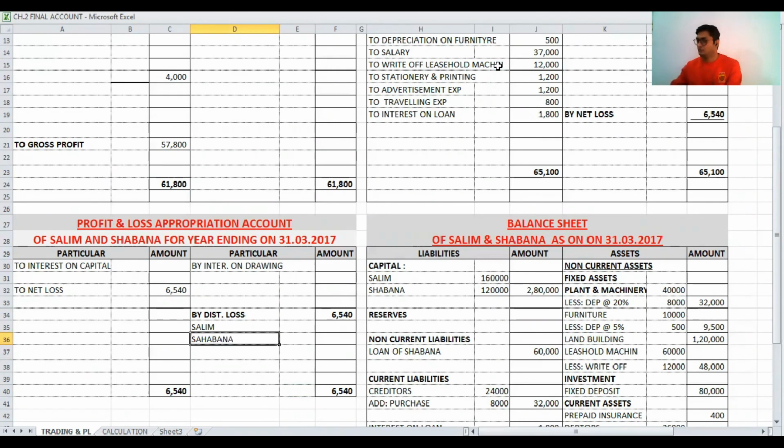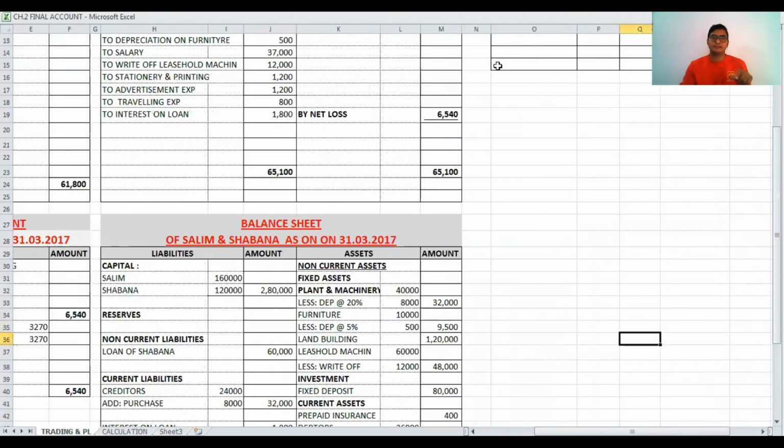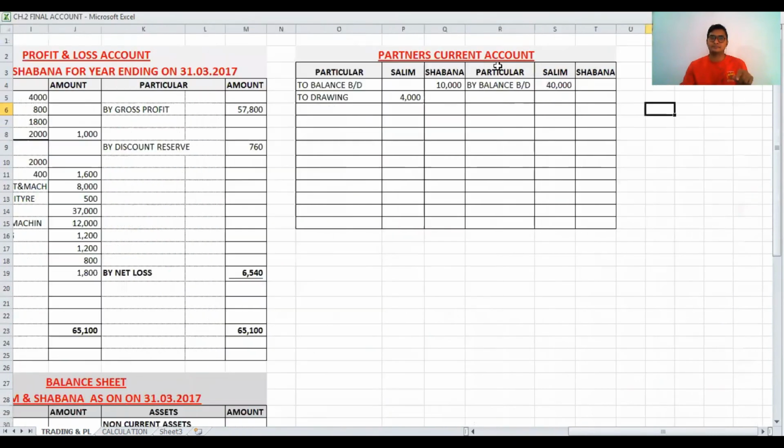Here we have to check whether a ratio is given in the question. No. So this amount is again distributed equally, with the same amount, 3,270 and 3,270. Now this loss is transferred to the partners' current account. Here it is a credit entry, so in the partners' current account there is a debit entry, to divisible loss.